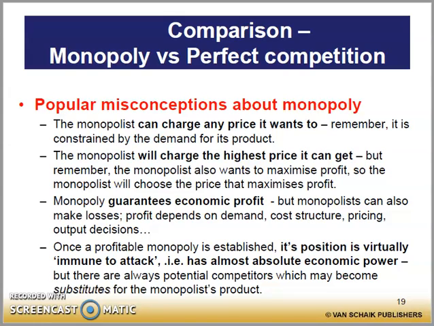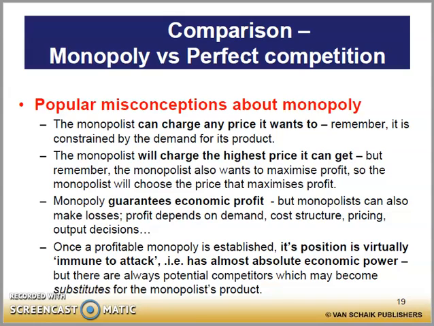There is also a popular belief that once a profitable monopoly is established, its position is virtually unquestionable and that it therefore has almost absolute economic power. This is also not necessarily true.